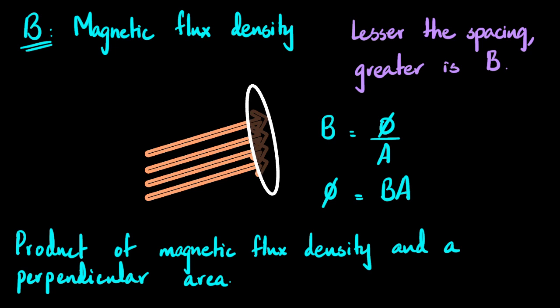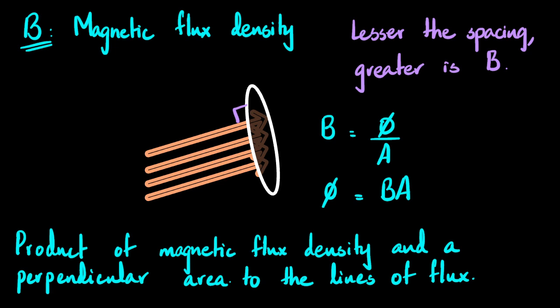So maybe something like this is what the actual magnetic flux density would be, because this angle needs to be 90, right? So this is the product of the magnetic flux density and a perpendicular area. So let me also just add here that this perpendicular area is perpendicular to the magnetic field lines here. So let's say it's perpendicular to the lines of flux.